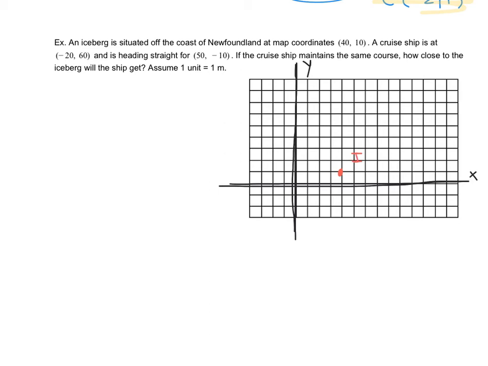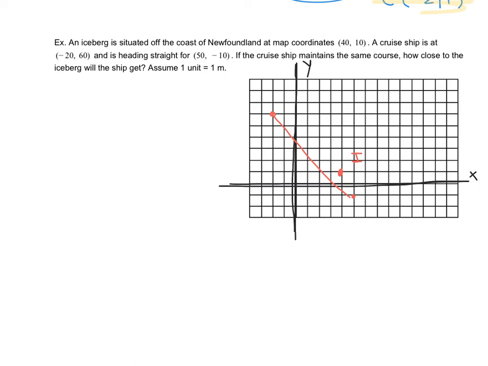My cruise ship is at negative 20, so negative 20 and then 60. So somewhere here. And then 50, negative 10 would be somewhere here. So the cruise ship is going like this. And we want to see how close it gets to the iceberg.